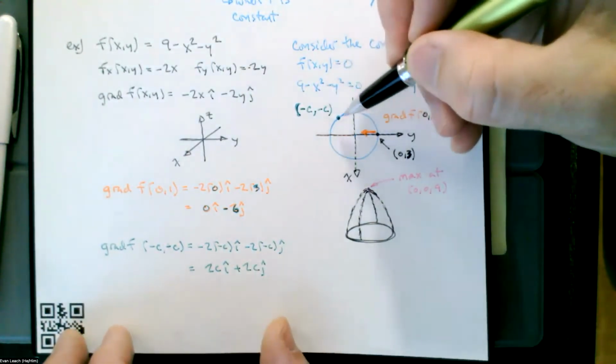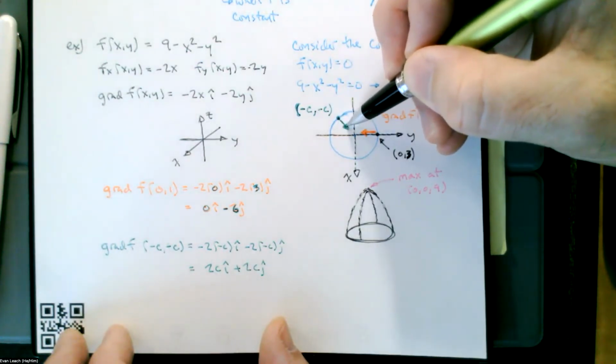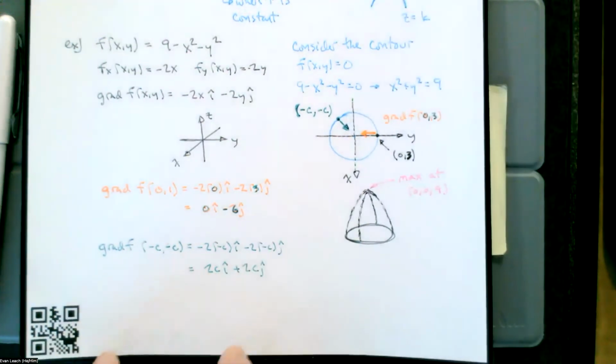So our gradient at negative c is once again pointing back towards the origin, because that is the steepest direction. That is the most direct line to that highest point on our circular paraboloid.